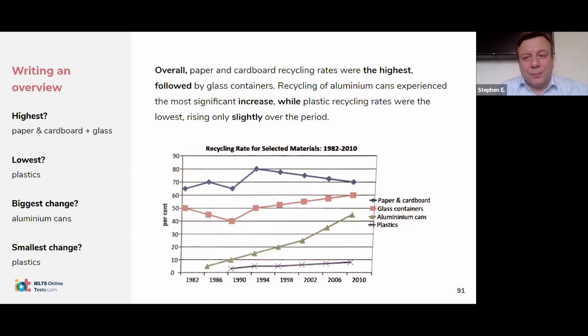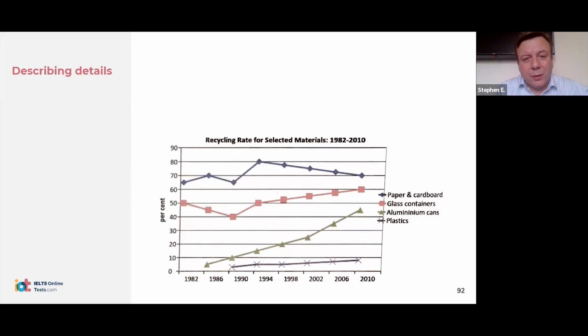Okay, so just have a look at what we've done there. Just read through it. So we've highlighted all of the key main changes there. Okay, we haven't included any data. So data you want to leave for the body. Okay, no data in your overview. Otherwise, you're taking material away from the body of your report. So save the data for there. So it's just general. Good. So we'll describe some details.